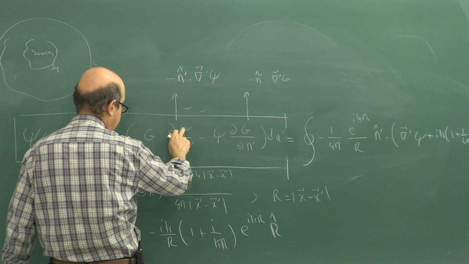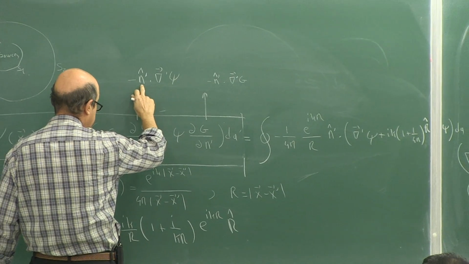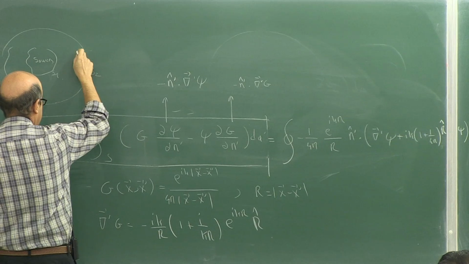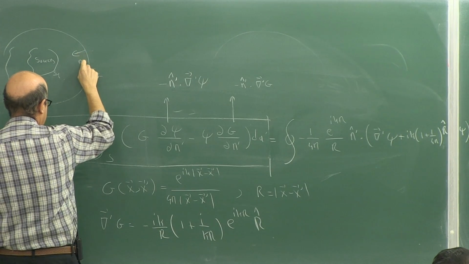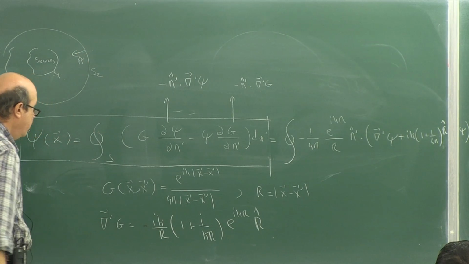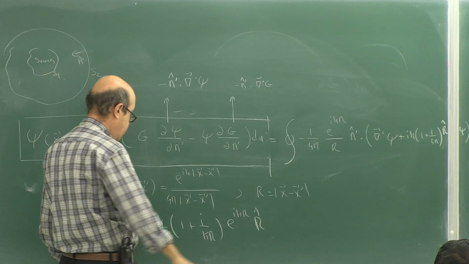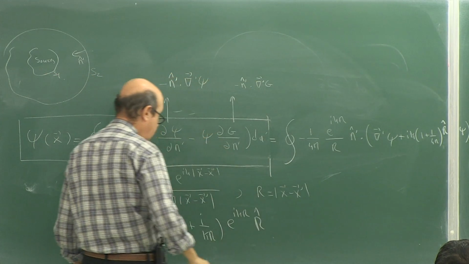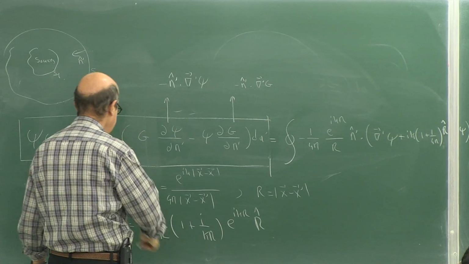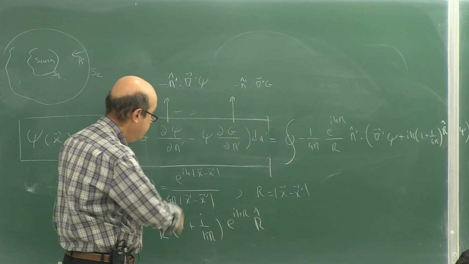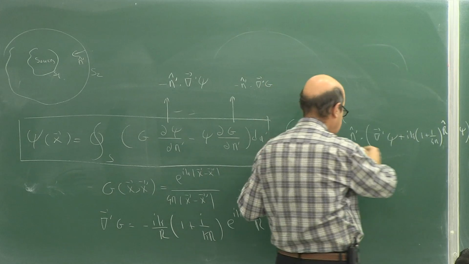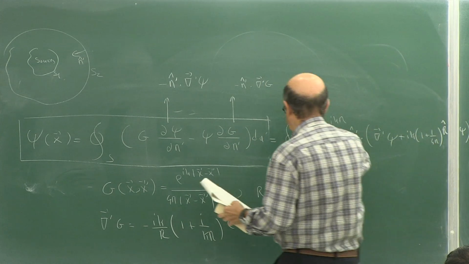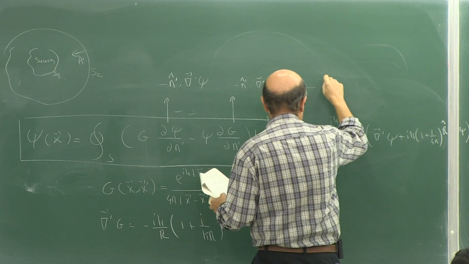Del phi over del n prime is nothing but n prime dot gradient of phi, where n prime is the vector in the inward direction at the surface. And del g over del n prime is n prime dot gradient of the Green's function. If you take the gradient of the Green's function and plug it there, you will obtain some form of integral. That form is called the Kirchhoff integral.